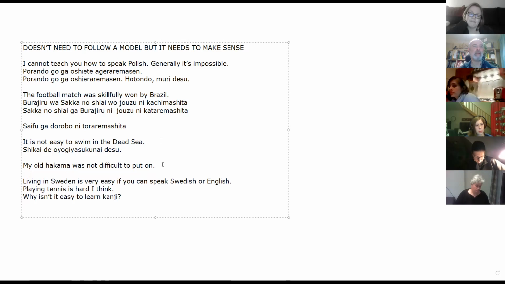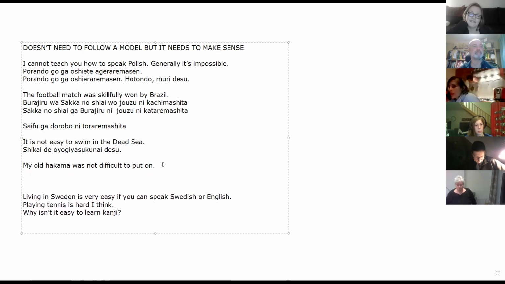Kim, my old hakama was not difficult to put on. Furui no hakama. Funny how some of you started putting no between your adjectives and the nouns. You don't need it. Furui hakama. You're not the only one, Kim. A few other people have started doing that as well.